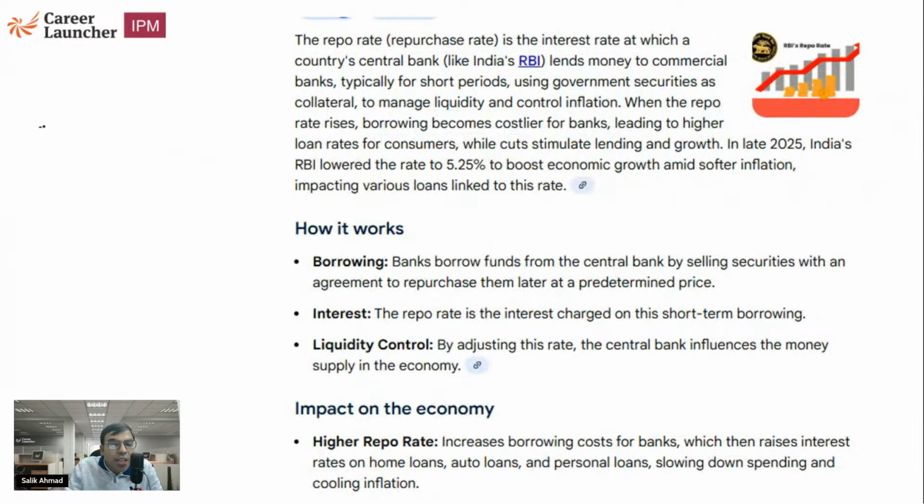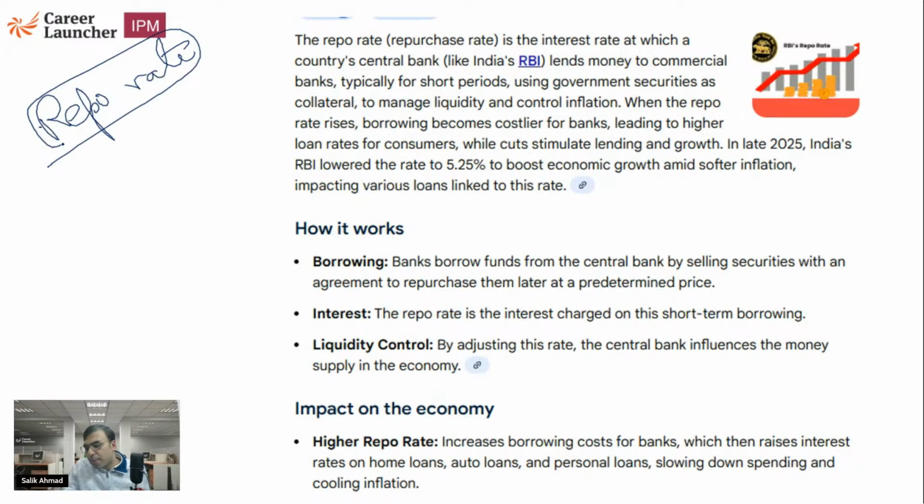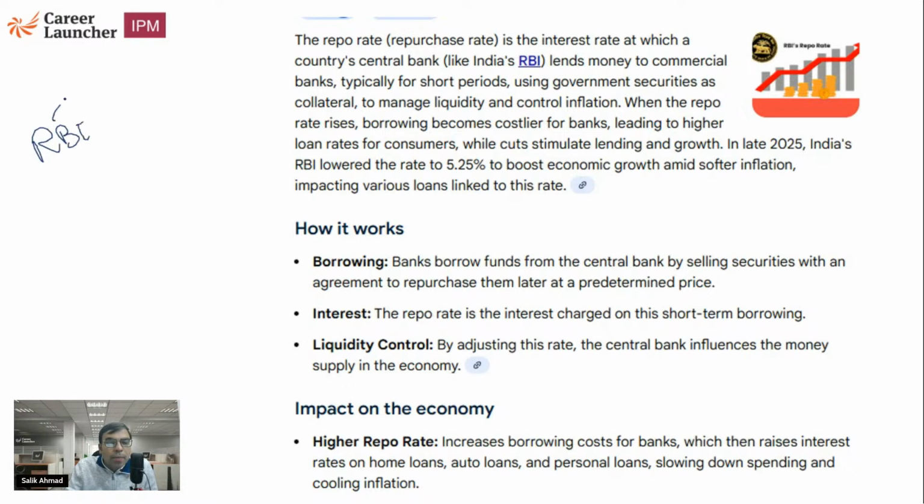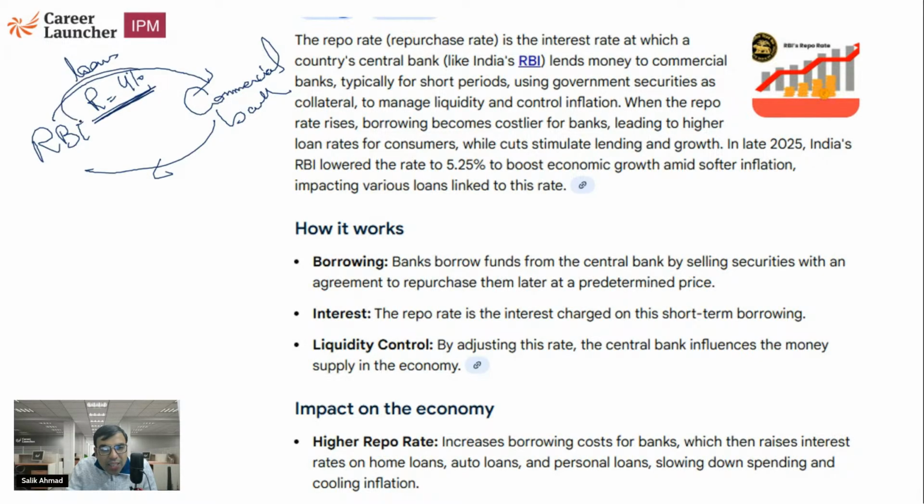Now एक और टर्म है इकोनॉमिक्स से रिलेटेड, that is called repo rate. ये अक्सर न्यूज में रहता है, इसलिए मैं बता दे रहा हूं. What is repo rate? Can anyone tell me? So basically if RBI extends loans to a commercial bank, कोई भी HDFC, ICICI, कोई भी, the interest rate at which RBI gives the loan, मान लो interest rate is 4%, I'm just giving an example, is called the repo rate. ठीक है.